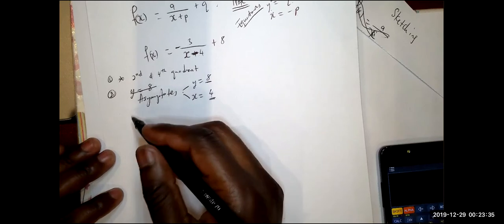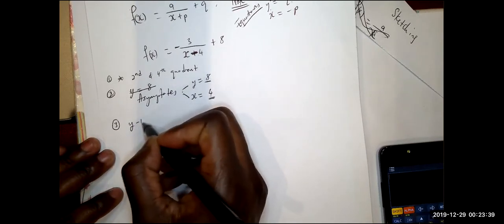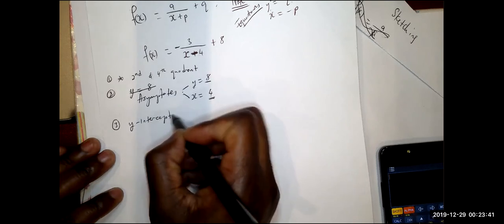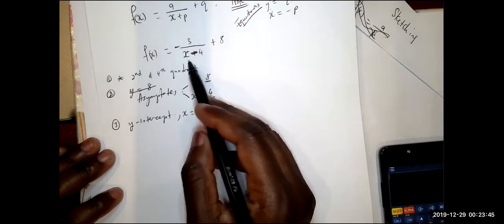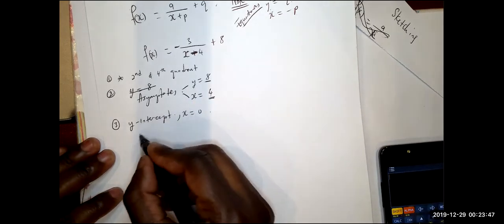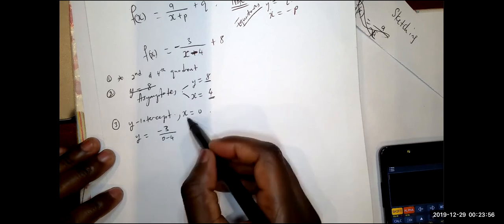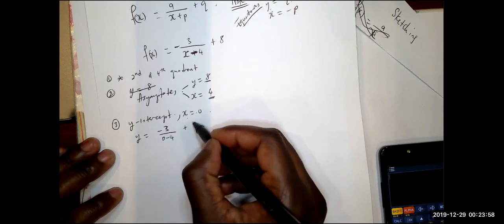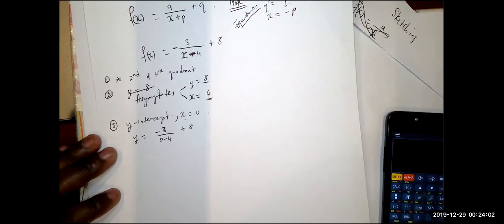And what else do we need to know there? We want to know the y-intercept. The y-intercept is when x is equal to 0. Now x can be 0 here, so we can say y is equal to negative 3 over 0 minus 4, plus 8. And what do we get there?